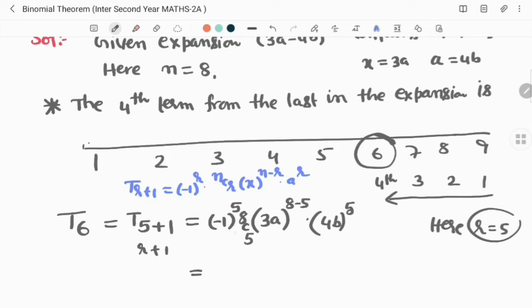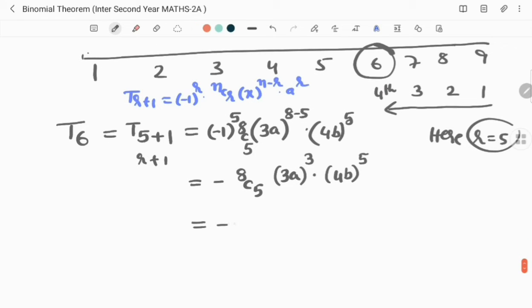So minus 1 whole power 5 is minus 1. 8c5. So 3a power 8 minus 5 is 3. So 3a power 3 into 4b power 5.